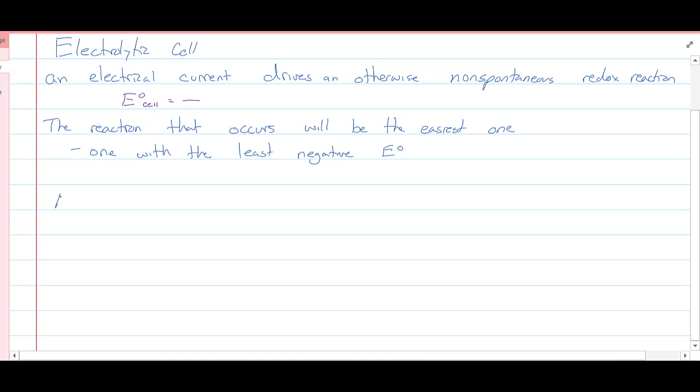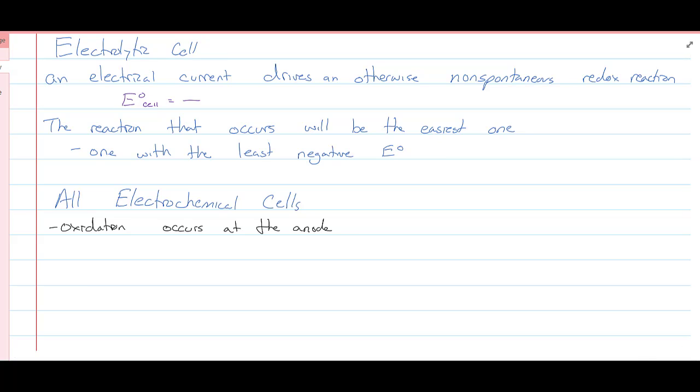Now, in all electrochemical cells, the oxidation occurs at the anode, and the reduction occurs at the cathode.